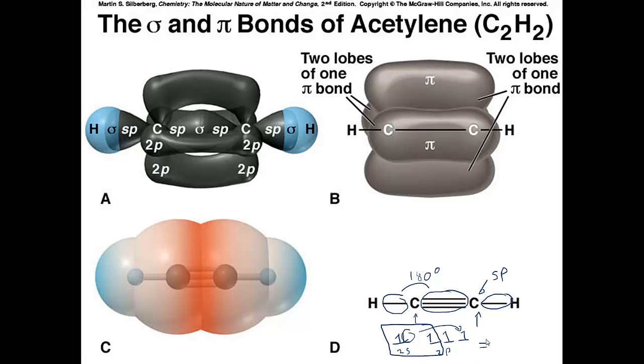And when we're done with all the mixing and mashing up, we have the 2p orbitals that are a little bit higher in energy, and 2 sp orbitals, hybrid orbitals, that are a little bit lower in energy, like that. So these sp hybrid orbitals, you remember, have this lobe shape. So there's one big lobe, and then there's a small lobe over here that we usually don't draw. And then there's another lobe here, each with an unpaired electron in them.